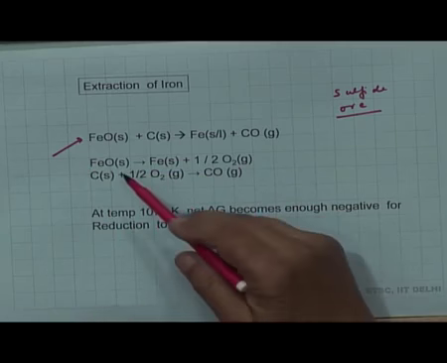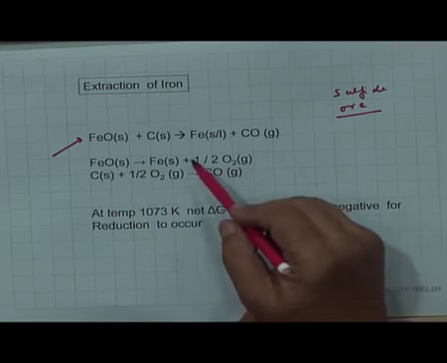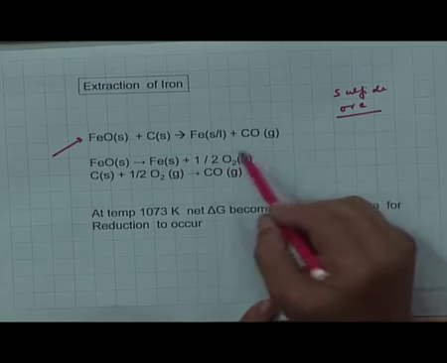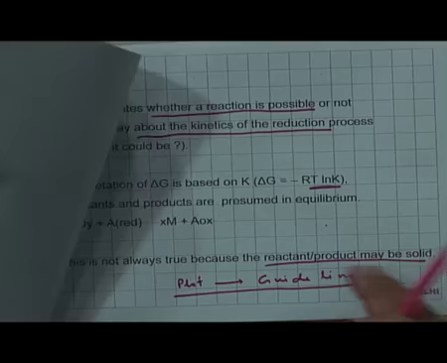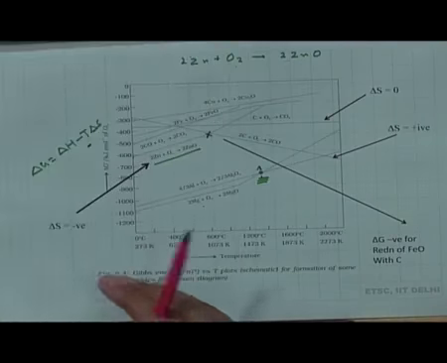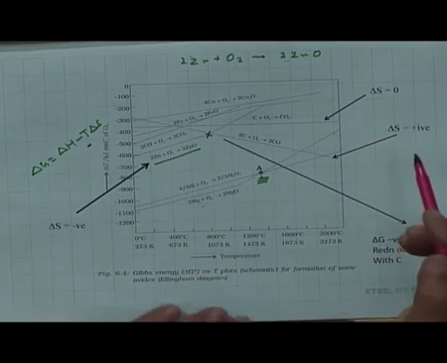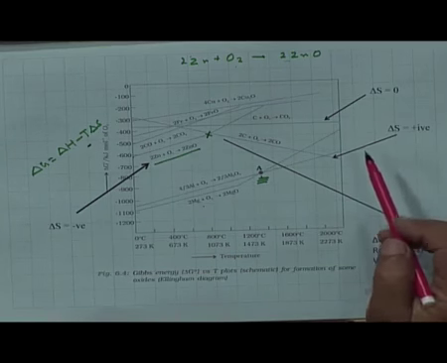Now, this oxide can be converted or reduced with carbon easily. This can be easily seen from this Ellingham plot.